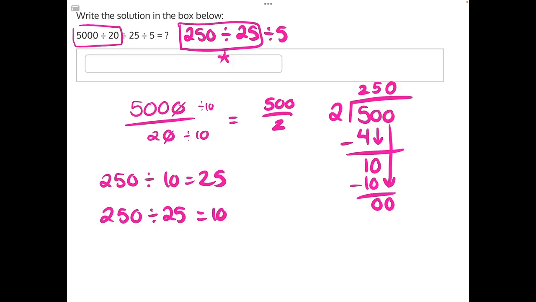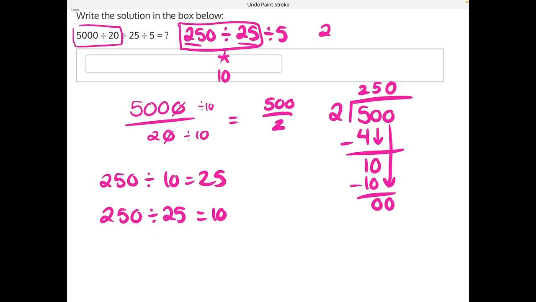So if you can recognize that this number and this number are the same except one of them has a 0, when you divide those two numbers, you're going to get 10. You're going to get the base 10. If this were 2,500 divided by 25, then you would get 100 instead of 10 because there were two zeros.